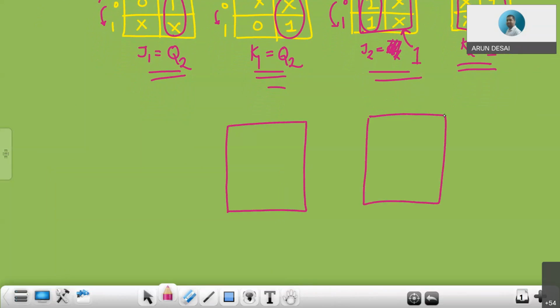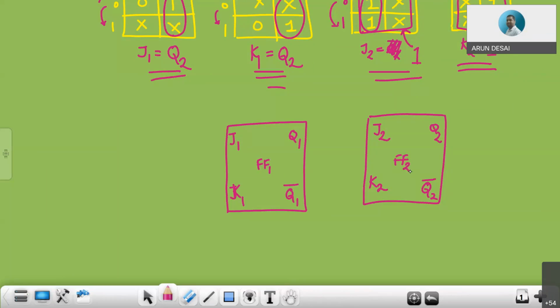We have inputs like J1, K1, Q1, Q1 complement. This is basically J2, K2, Q2, and Q2 complement. So this is flip-flop 1, and this is my flip-flop 2, right?